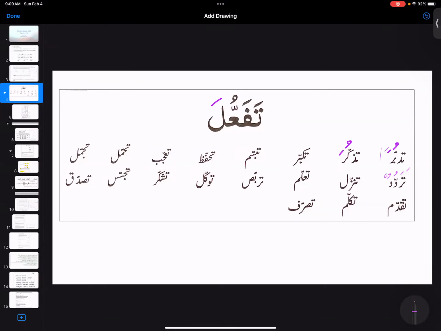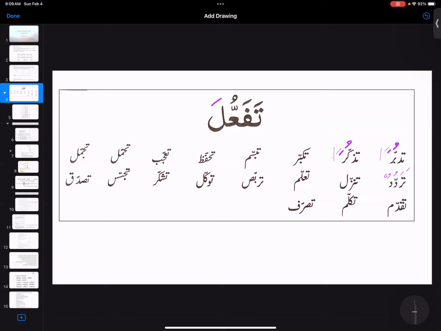Tadabburan. Right? Tazakkuran. Takabburan. Or you can just turn them into madi, right? Takabbara, tabassama, tahaffaza, ta'ajjaba, tahammala, tajammala, right?